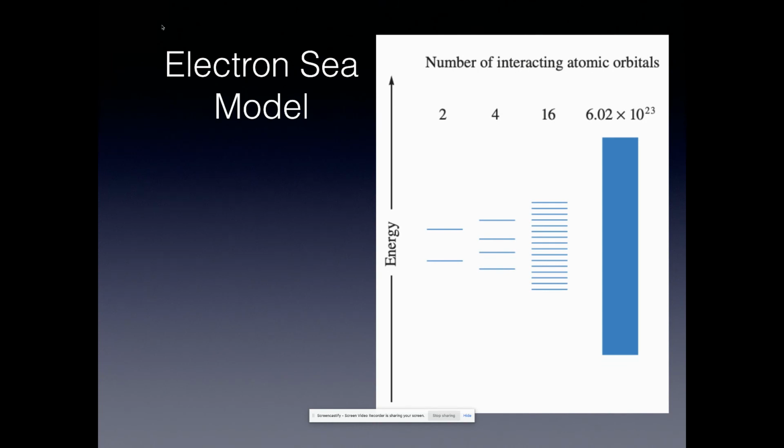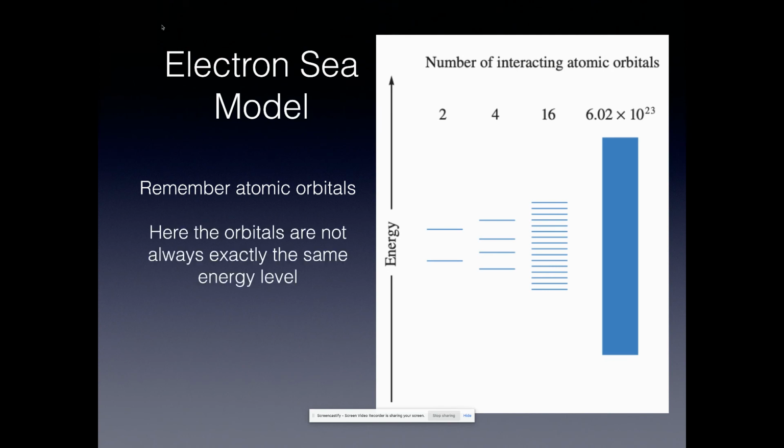All of a sudden, you're starting to realize these orbitals are getting closer and closer together. By the time you get up to a mole of these atoms, all these orbitals are basically overlapping with each other, which means the electrons can very readily flow through them. This is something that we call band theory, B-A-N-D, band theory. Okay, so even though we say the energy levels are the same, there's slight little differences.